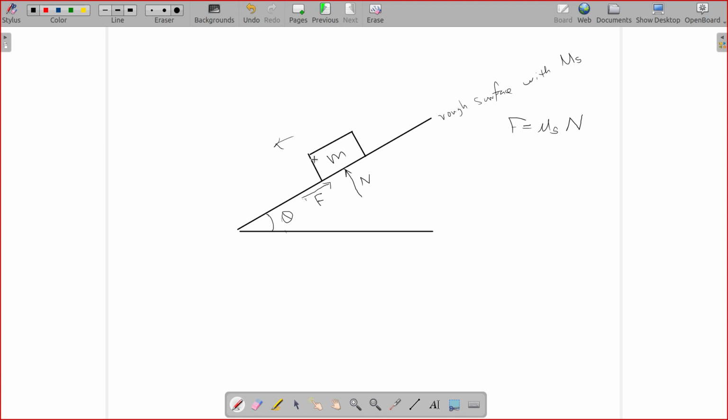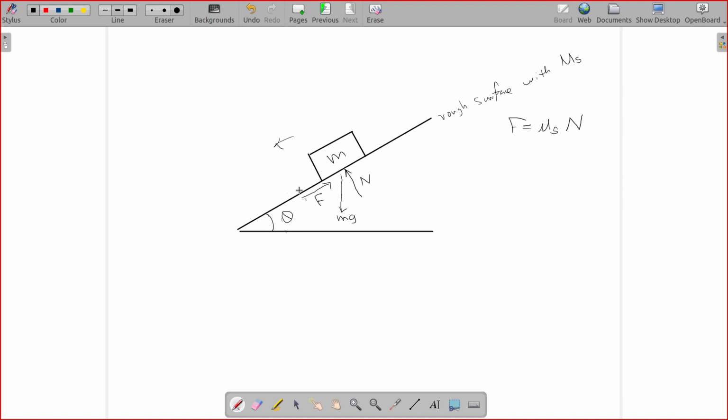Yeah, and yeah, mg will also be here. Mg is also an external force actually. Mg is the gravitational force by the earth on the object, hence it's an external force.